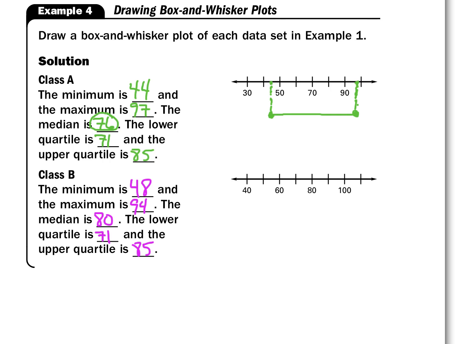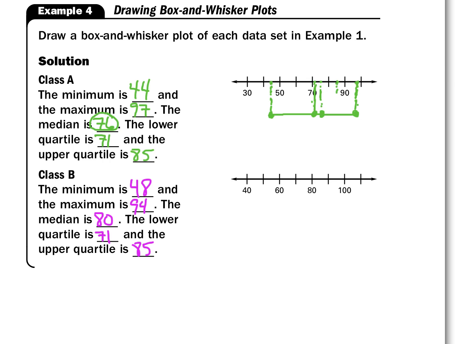Then we look at our median, which is 76. Go ahead and plot that on our new line. Okay. Plot our lower quartile, 71, so fairly close to their median. And our upper quartile of 85.